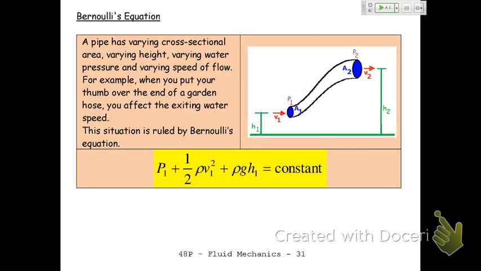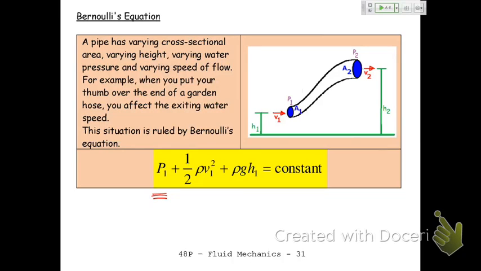Then the next thing is good old Bernoulli's equation. And Bernoulli's equation looks horrendous, but if you're comfortable with an impressionistic approach to equations, you can get it. So if you look at it, there's pressure. It reminds me a bit of kinetic energy, half mv squared.